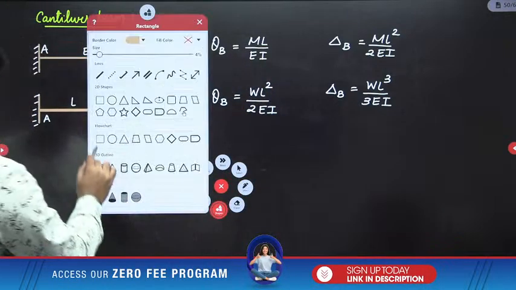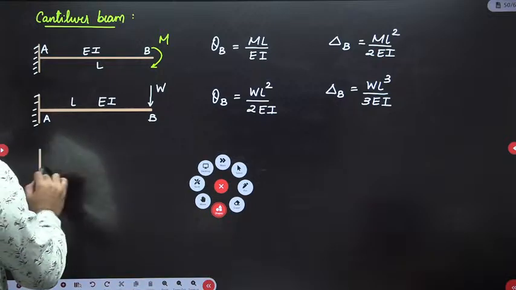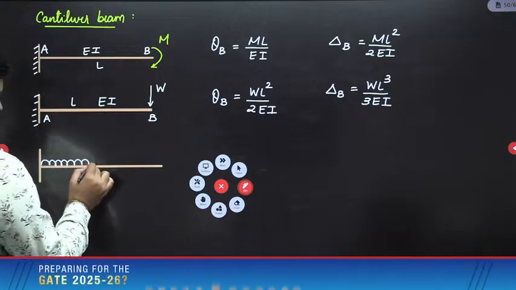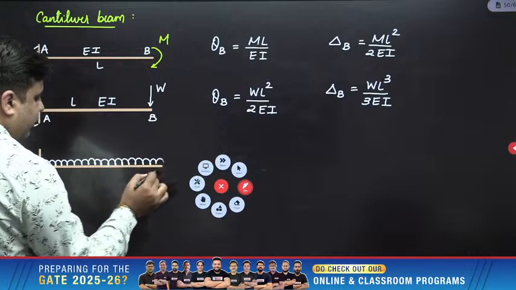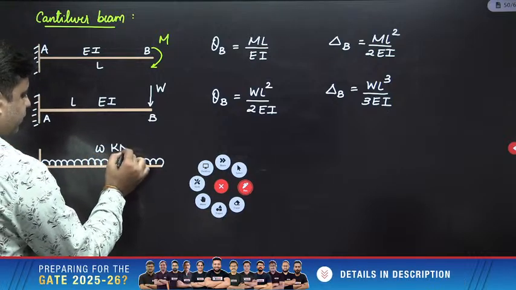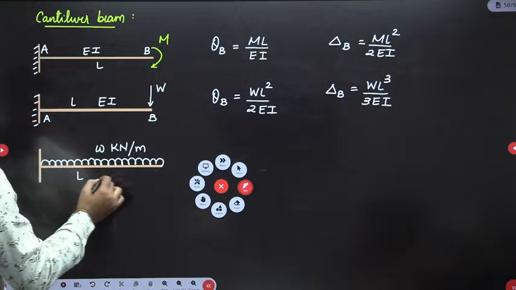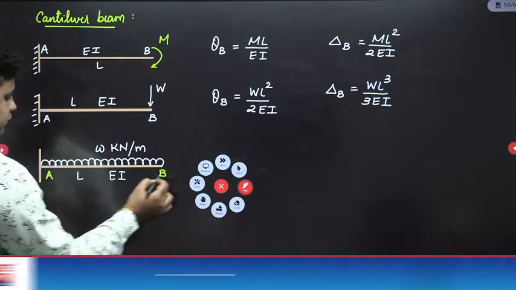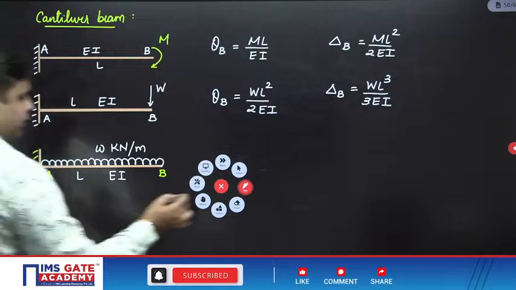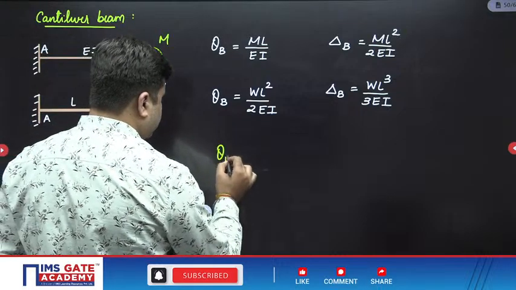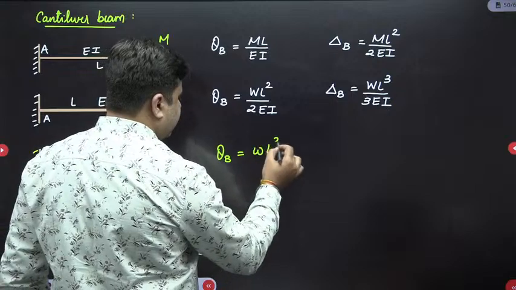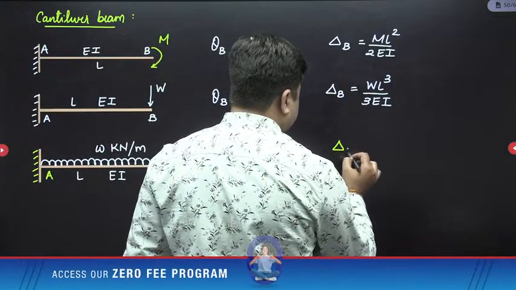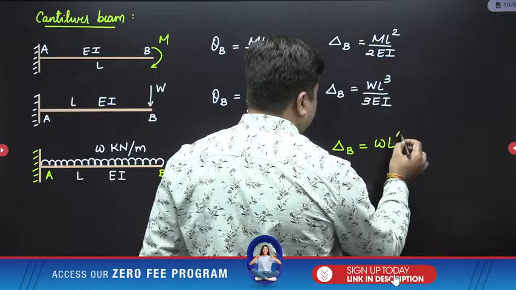Next, if you have a cantilever beam which is subjected to UDL of magnitude W kilonewton per meter, length of the beam is L, flexural rigidity is EI, and these are the 2 points A and B. Then slope at B, theta B, is equal to WL cube upon 6 EI, and delta B is equal to WL raised to power 4 upon 8 EI.